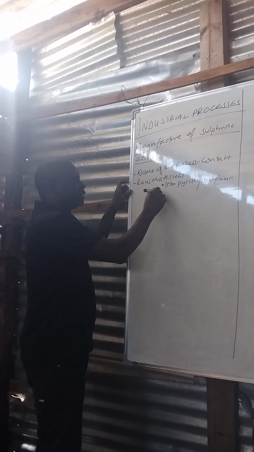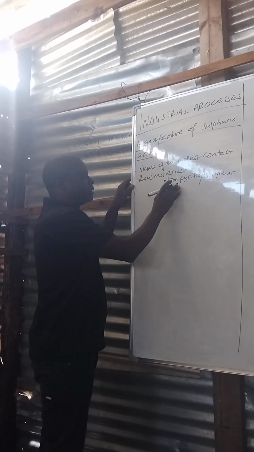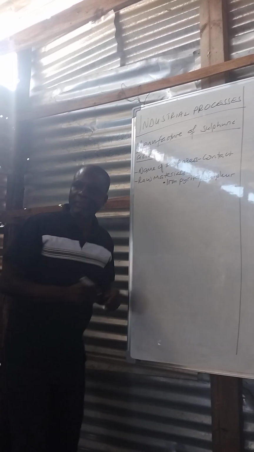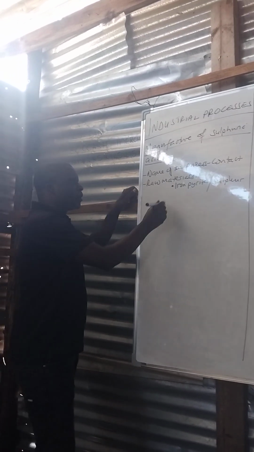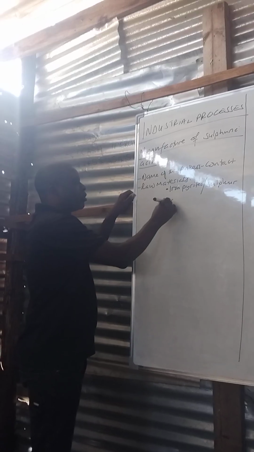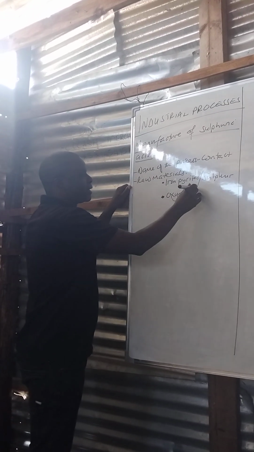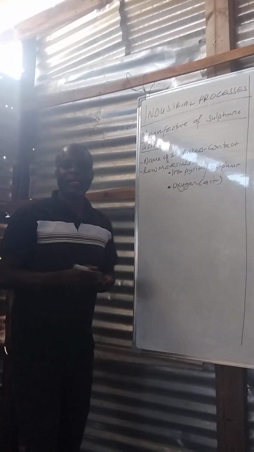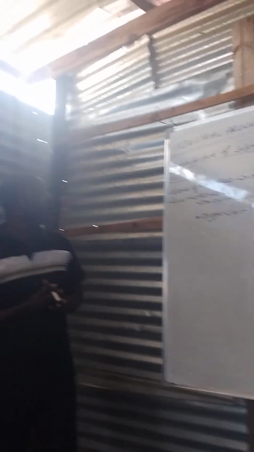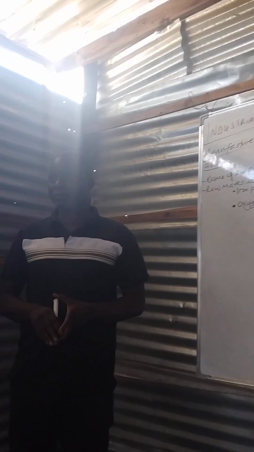What is iron pyrites? It is iron sulfide. What else is the other raw material? Oxygen, or simply air. When you say air, we are referring to oxygen. Those are the raw materials required for sulfuric acid production.